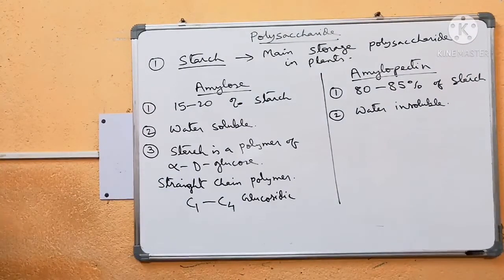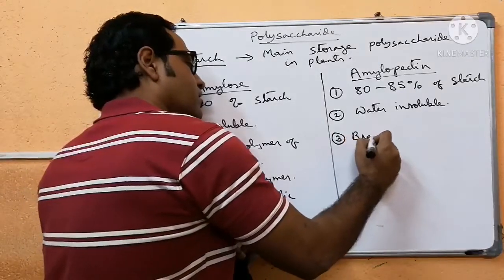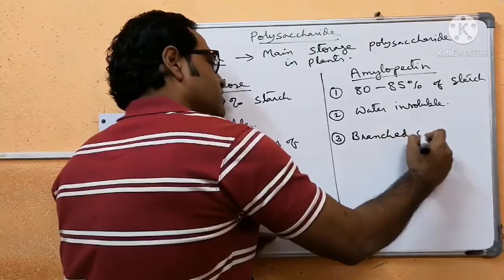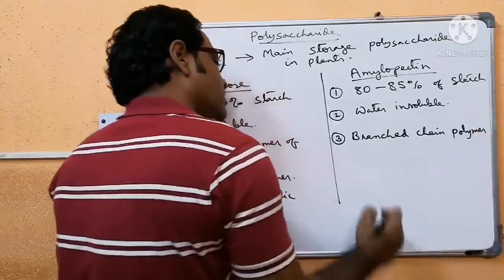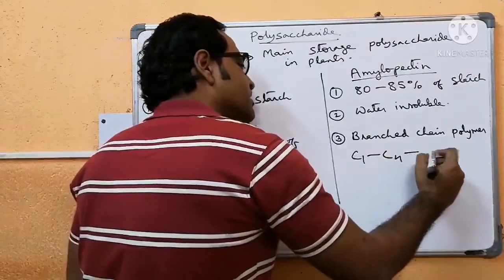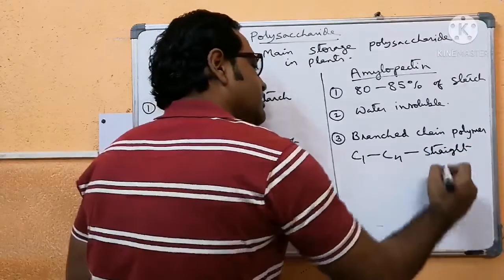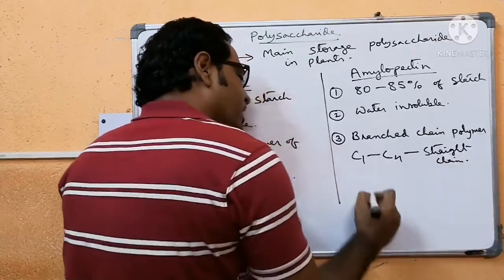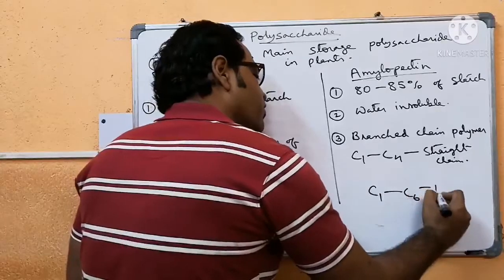But amylopectin is a branched chain polymer. Here the linkage is C1-C4 for the linear straight chain. For branching, C1, C6 is used.